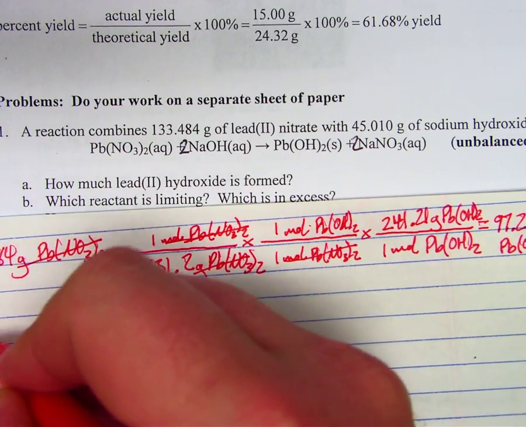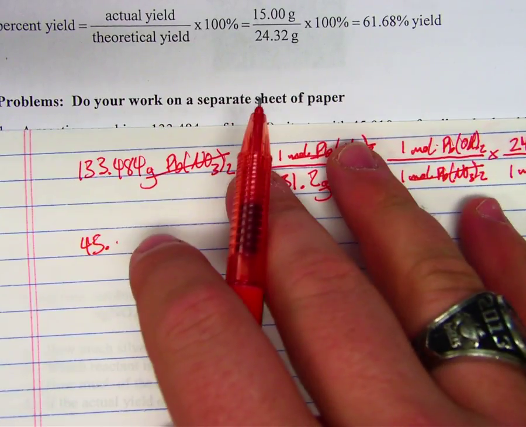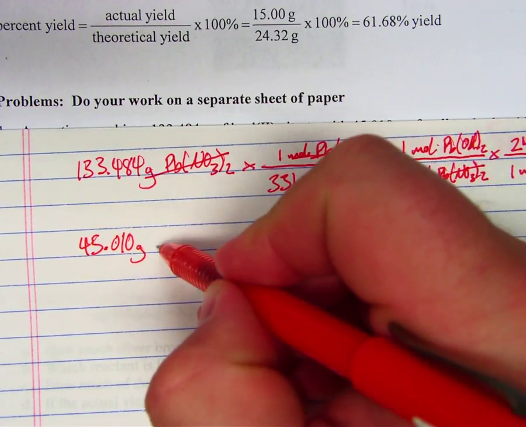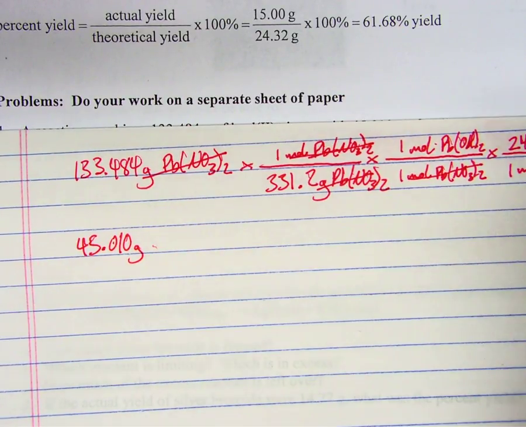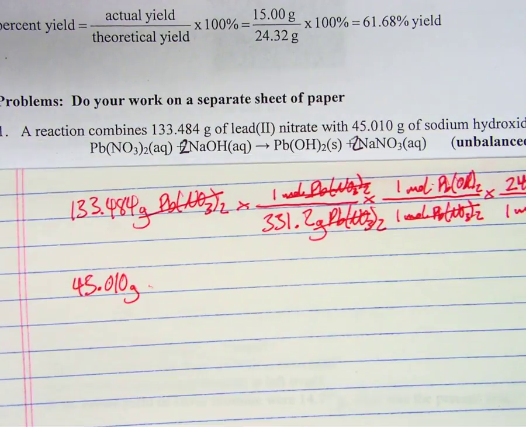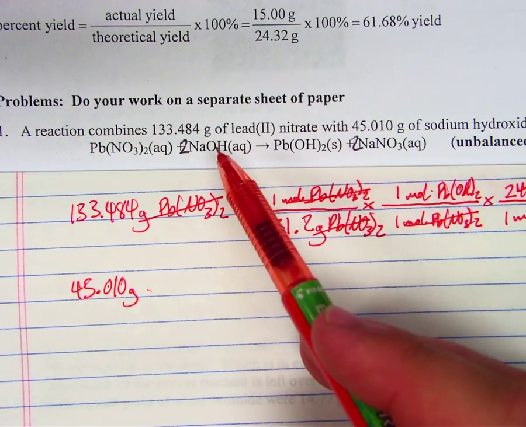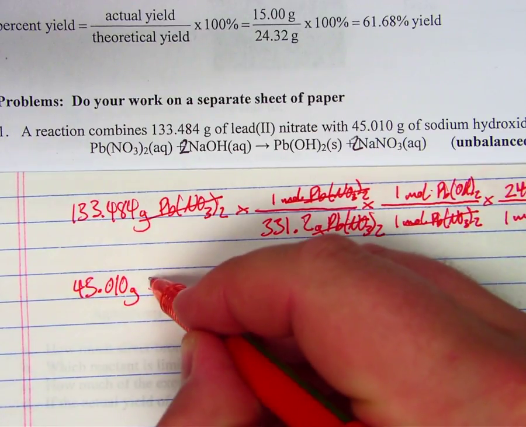So the sodium hydroxide's mass is 45.010 grams, and that's of this one right here, NaOH.